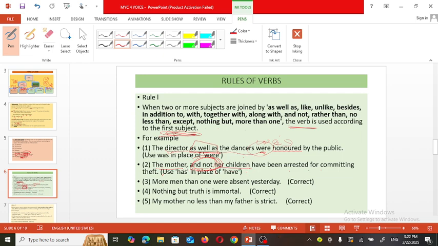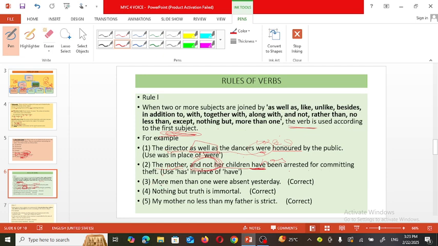And that's why instead of have, we must use the form of the primary auxiliary according to the first subject, the mother. So the mother has, not have. So the mother and not her children has been arrested for committing theft.